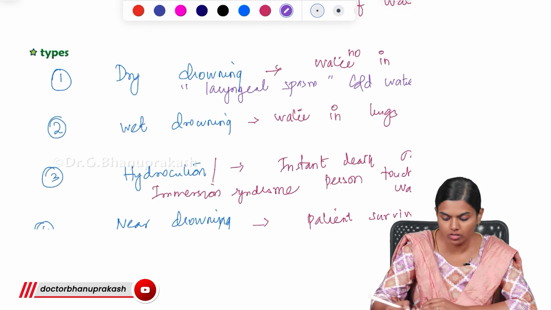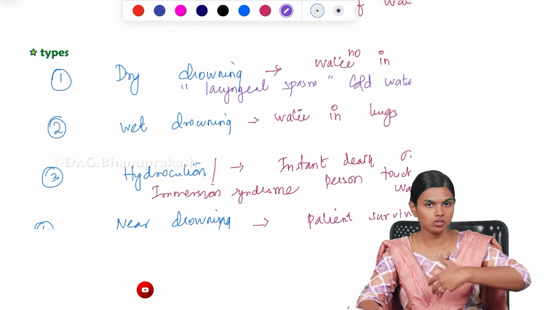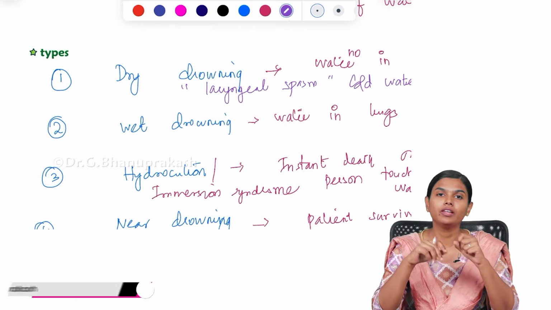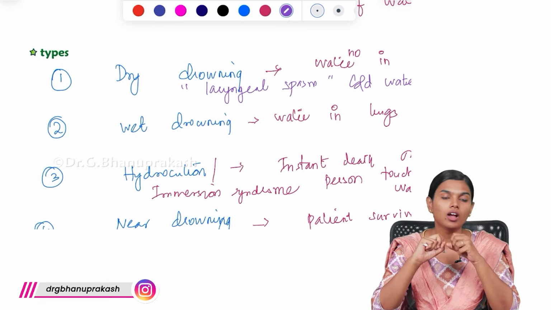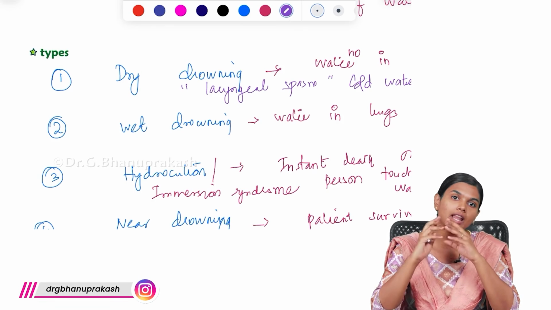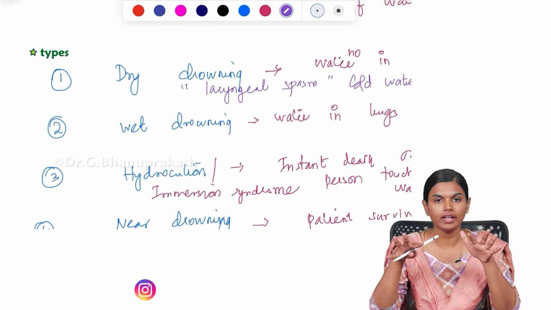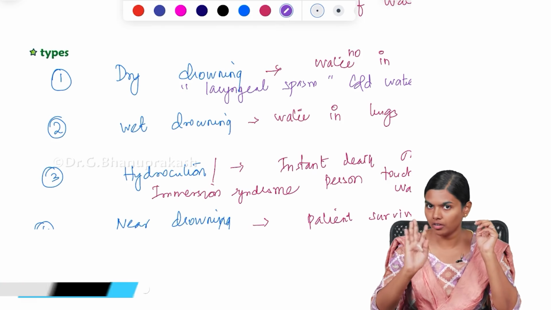When a person enters cold water, they will inhale it. When this cold water touches the larynx, there will be a reflex. Because of the reflex, the larynx will go into a state of spasm. So, the larynx will spasm, air will not enter, water will not enter, asphyxia will happen, death will happen. So, this is dry drowning.